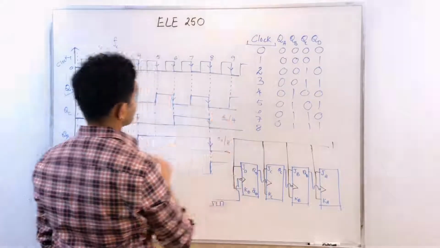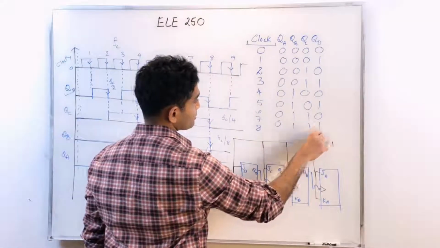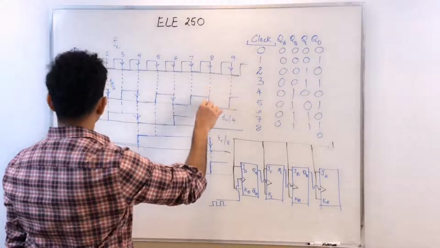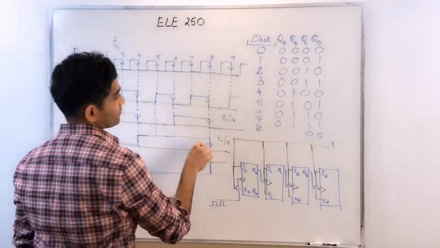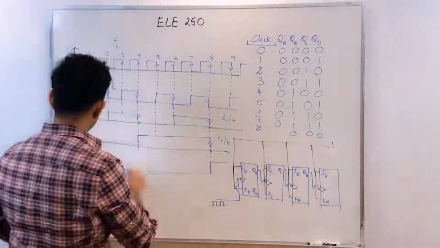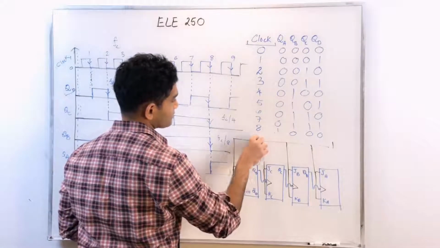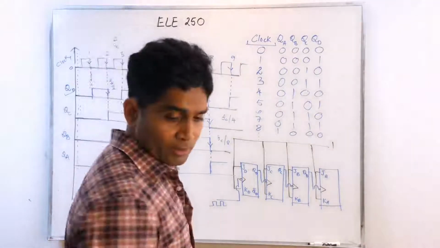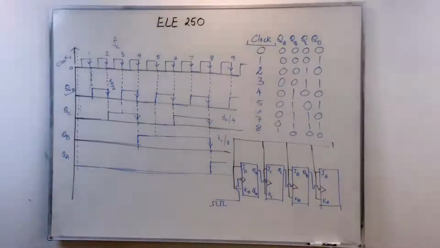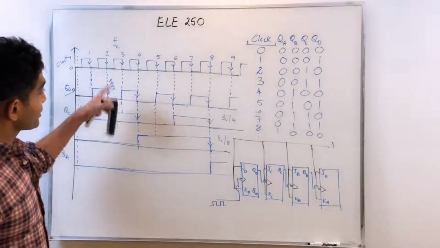On the eighth clock pulse, which is here, QD goes from 1 to 0, QC is going from 1 to 0, QB is going from 1 to 0, QA is going from 0 to 1, and so on. Okay, so this is what I have for this particular case.